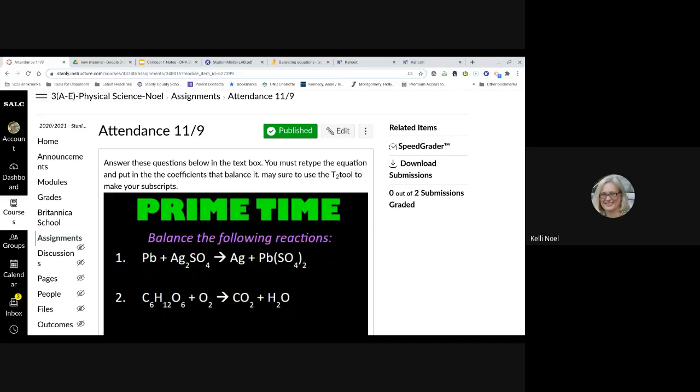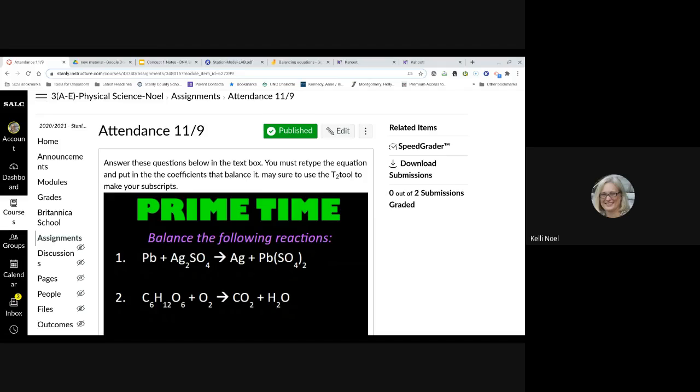So I'm going to start with my silver here. On the right-hand side, I need to multiply that 1 by 2. And that 2 I'm multiplying by will have to go up in front of Ag. So I now have 2Ag on the right-hand side. So my silver is good, for right now. It may not be in just a minute because I see a mistake I just made.